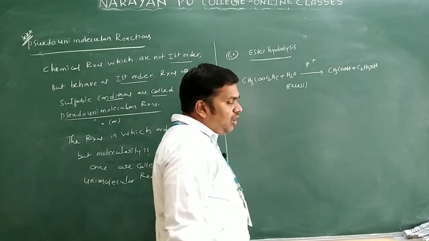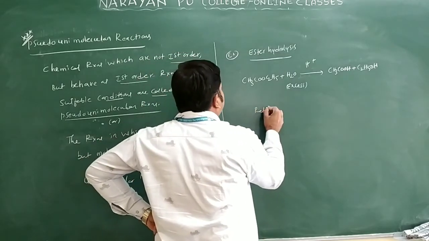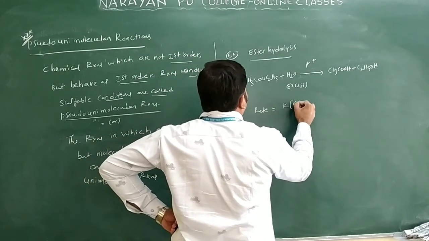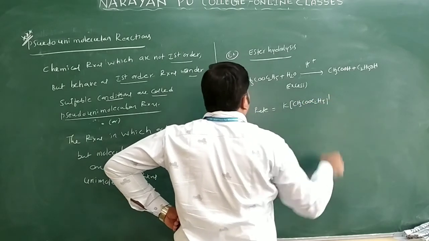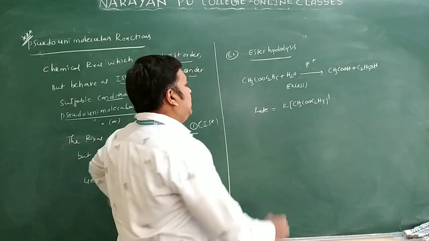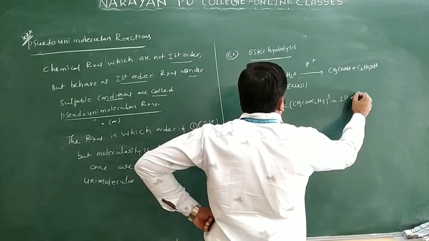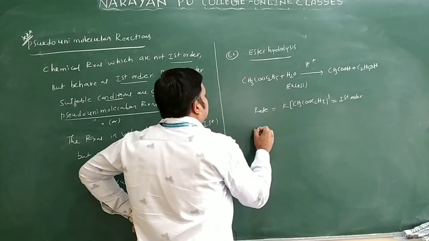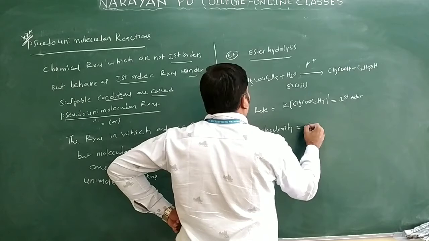Now the rate is equal to k into the concentration of CH3COOC2H5 whole power 1. What order is this? It is a first order reaction. Now the molecularity: what is the molecularity of the reaction?